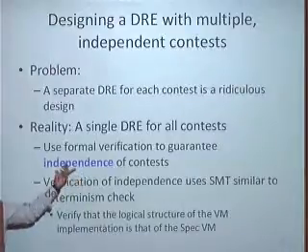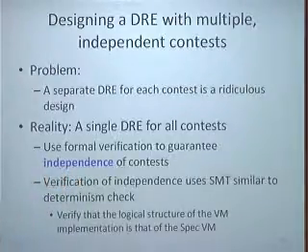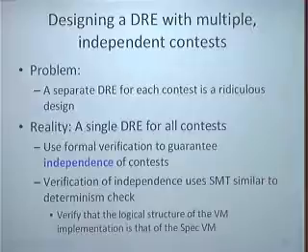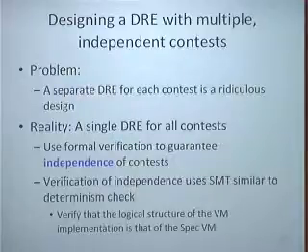Okay, so what does independence mean? It's sort of the opposite of determinism, right? So you want to prove that the recorded selections in contest 1 are not affected by any state variables that have to do with contest 2 or 3 or 4. So they're independent.